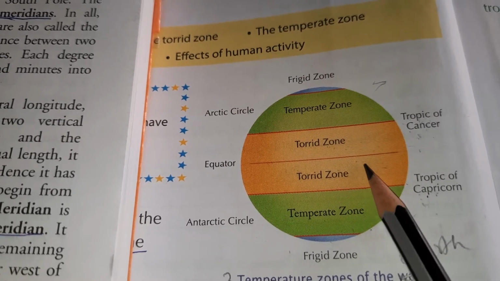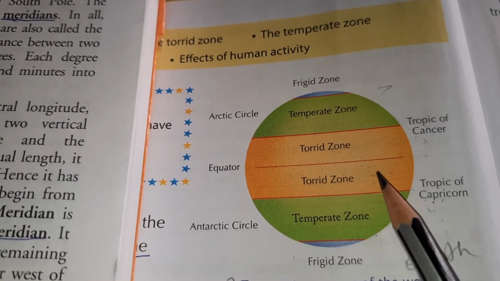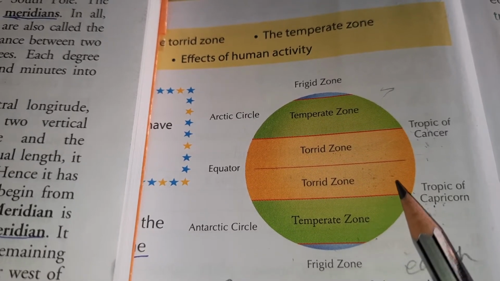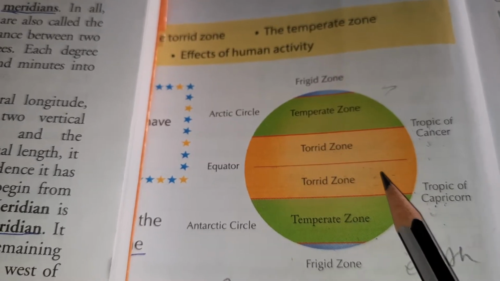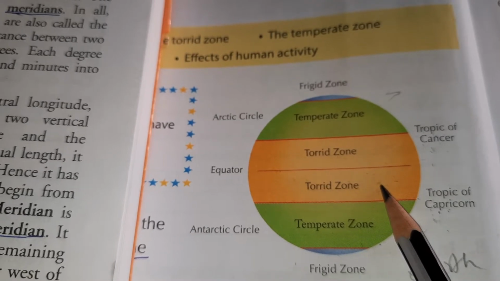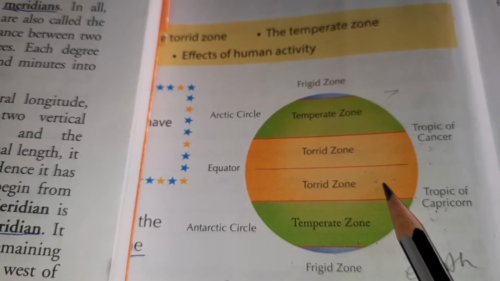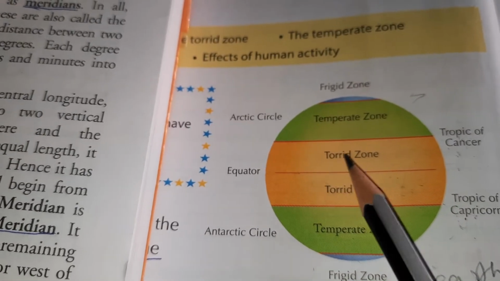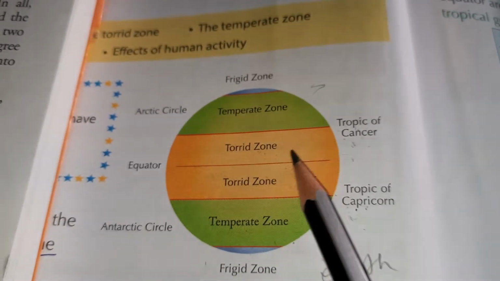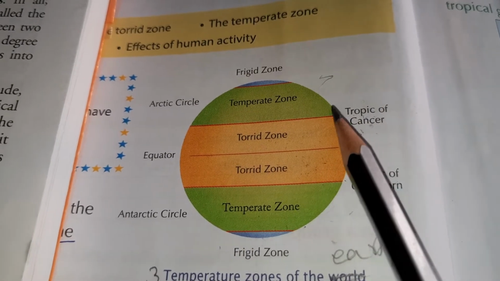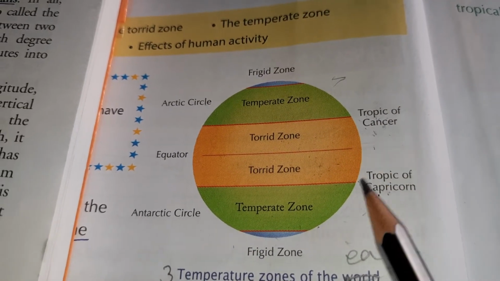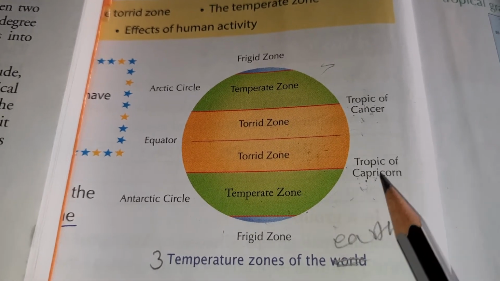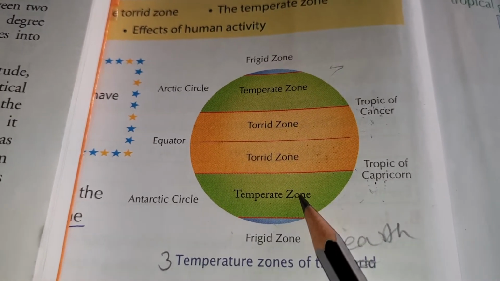So it receives the maximum heat. It is regarded as the hottest part of the earth. This area is also called the tropics. Once again, I will repeat. This torrid zone lies between the Tropic of Cancer in the northern hemisphere and the Tropic of Capricorn in the southern hemisphere.